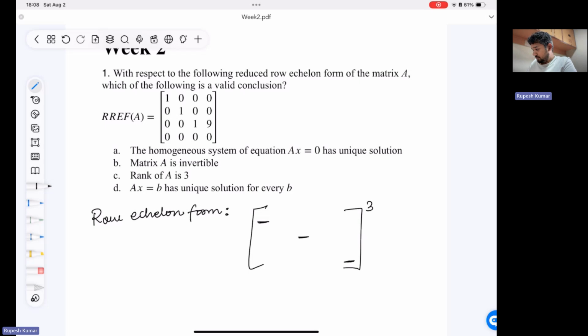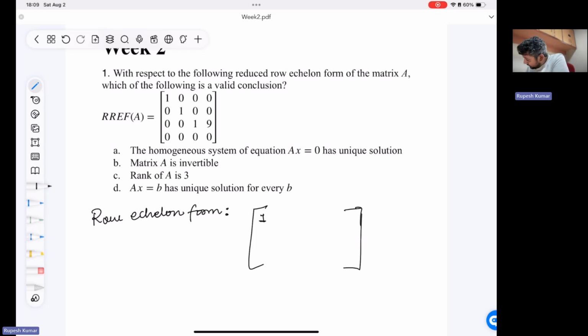So let's say we have a 3 cross 3 matrix with 3 rows and columns. Let's take a 4 cross 4 matrix instead. The idea is the leading non-zero entry should be 1, which are essentially the pivots.